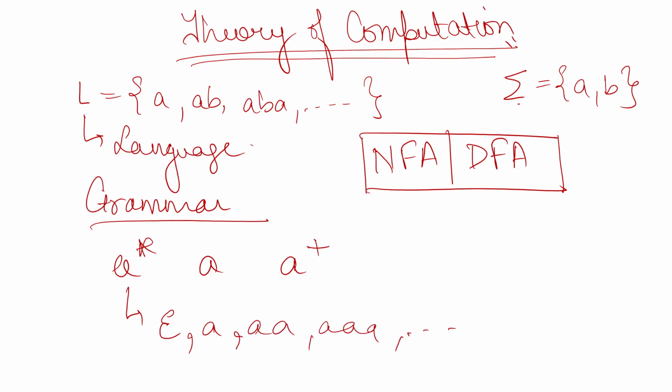And single A means only a single occurrence of A is allowed. A plus means that you cannot have an empty string. Empty string means zero is not possible. So 1 A, 2 A's, and so on. So this is what is A asterisk. This is known as Kleene closure. And this is your string.